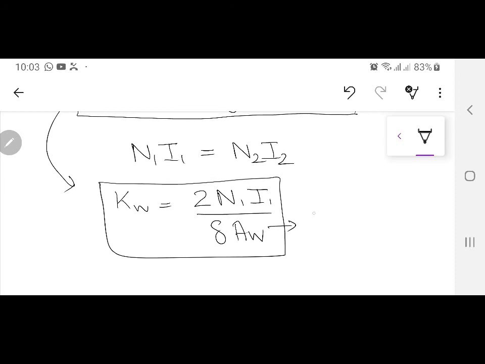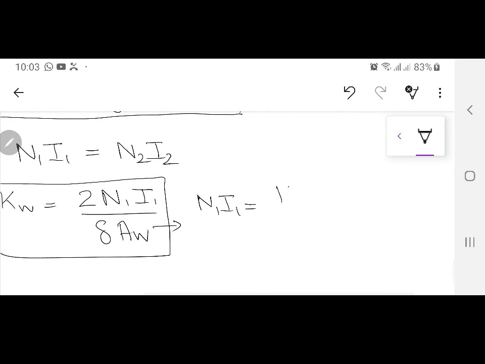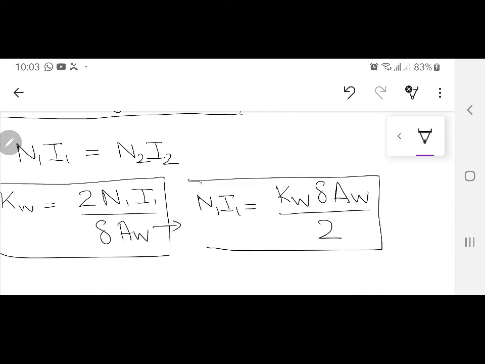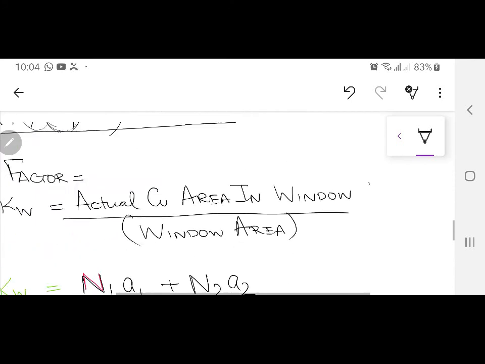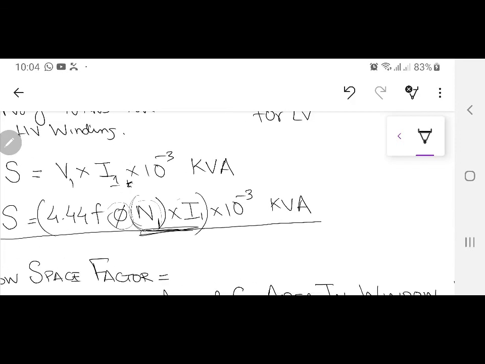And from this equation, N1 I1 equals Kw delta A window divided by 2. Now why am I doing this? Because N1 I1 can be replaced very easily in this equation here.